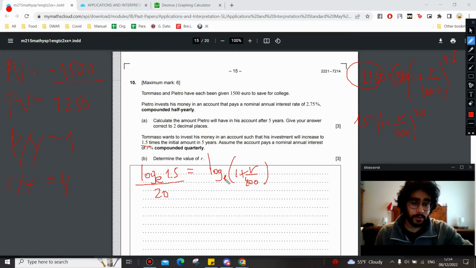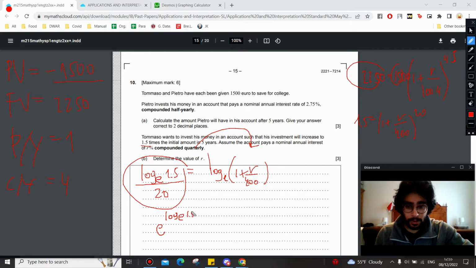And then, let's say that I took the base to be e, so it's ln. Then, by using the rules of the logarithm, e to the power of this will be equal to this. So e to the power of log e 1.5 divided by 20 will be equal to 1 plus r divided by 400. Again, this is something that you can calculate by GDC.